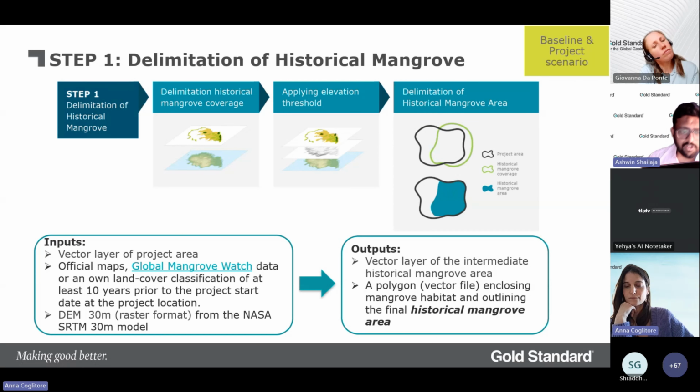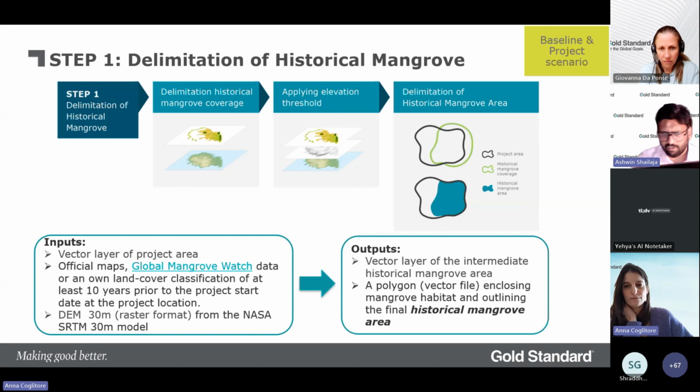Thanks. So it's a 5-step process. As I explained earlier, step 1 is delimitation of historical mangroves, and this specific slide looks into what exactly is to be done under step 1, which I just now also discussed. There are technical details that one may have to look into. For example, what exactly is the elevation model applied, what exactly is the time scale which has been applied, etc., which are again quite detailed in the methodology.